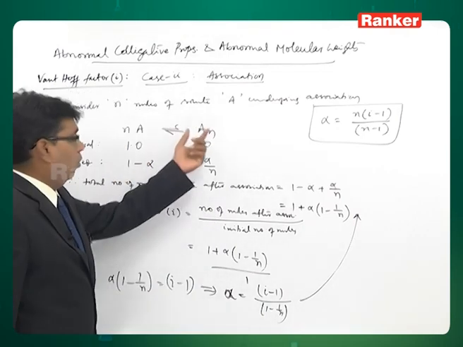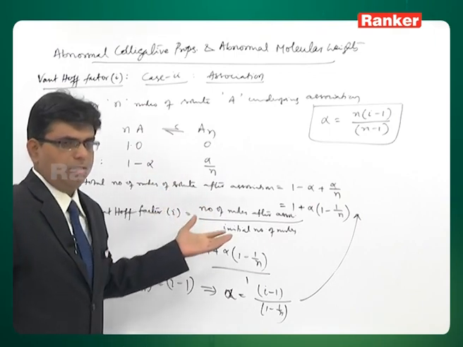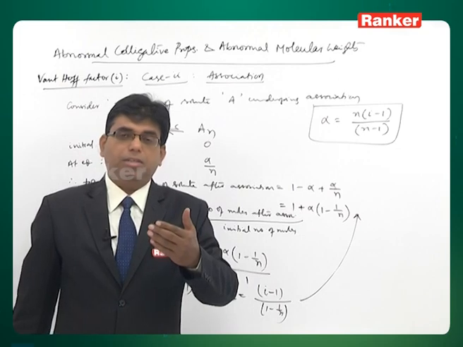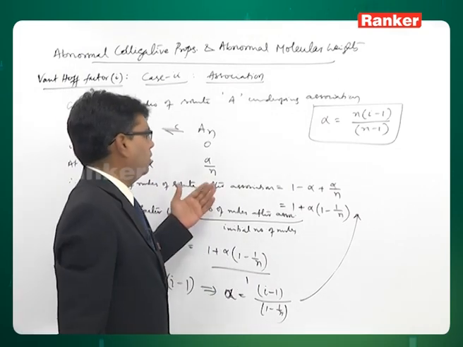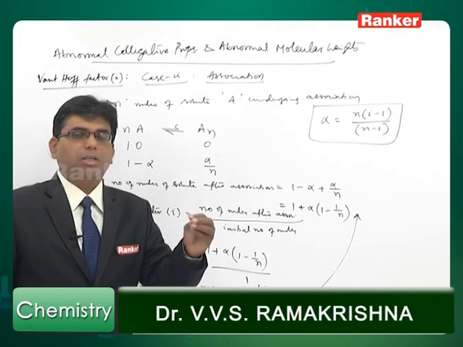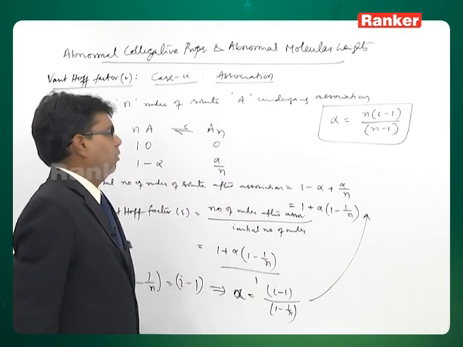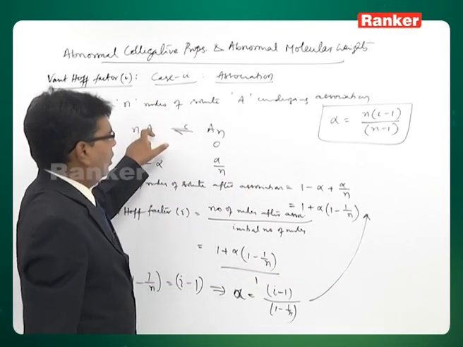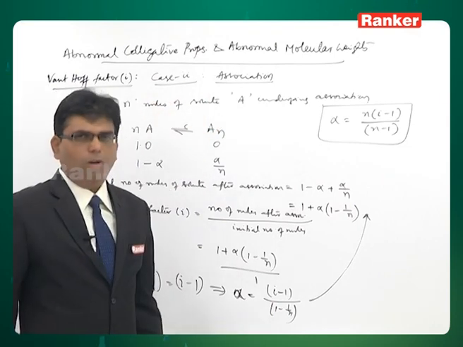The whole main purpose of all these colligative properties, with their different applications, as I discussed in every case, is that the common application of all of this is to determine the molecular weight. Okay. So, this is about abnormal molecular weights and abnormal colligative properties.